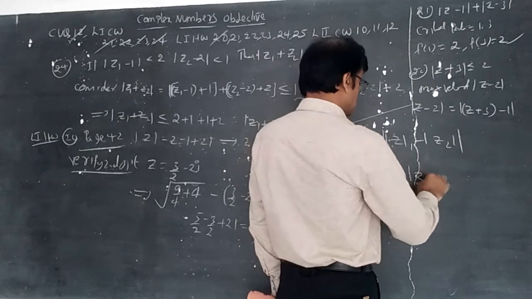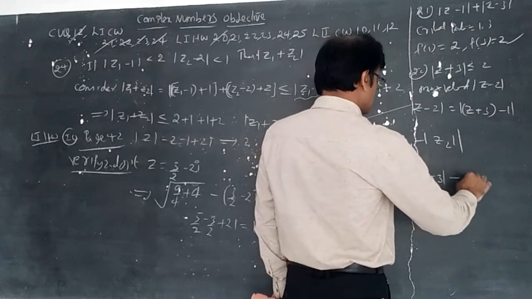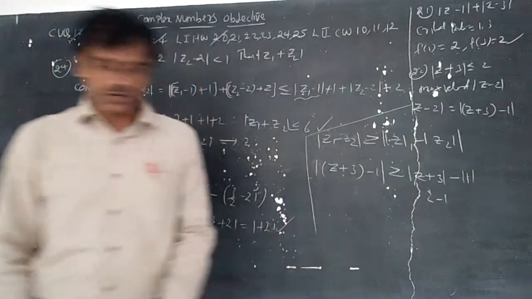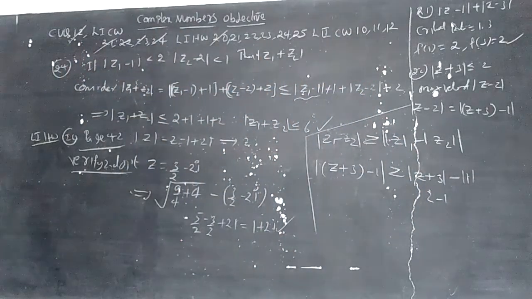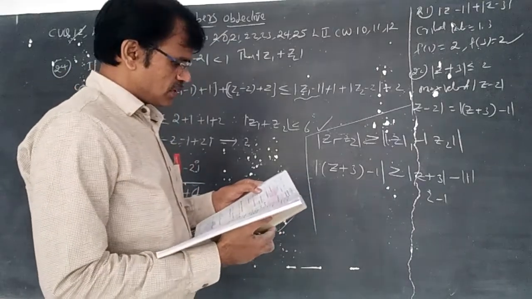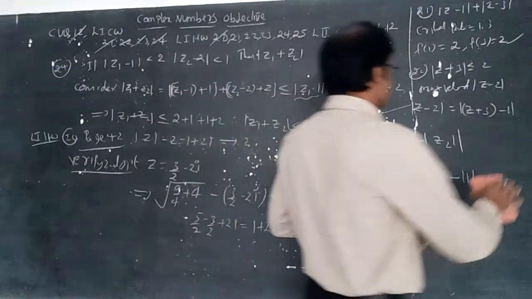Modulus of z plus 3 minus 1 is... maybe a little mistake, minus 2 it is.